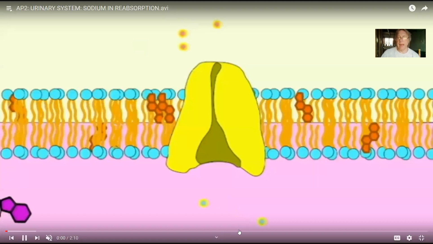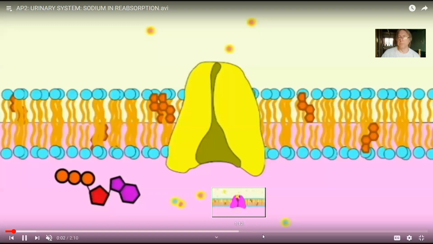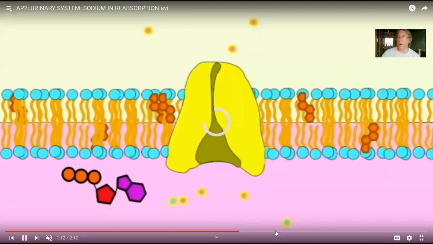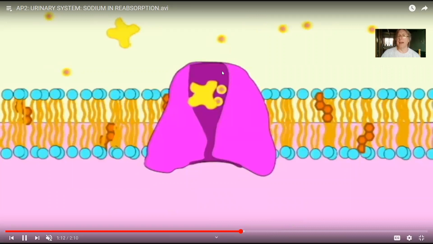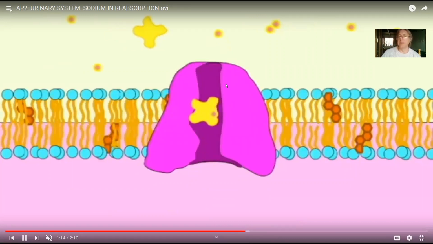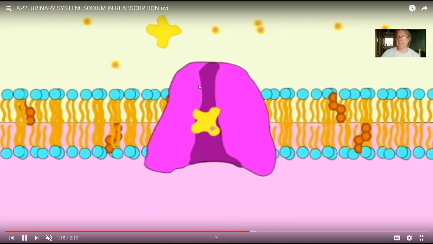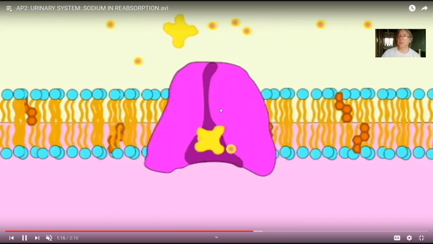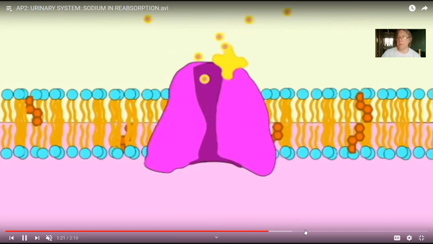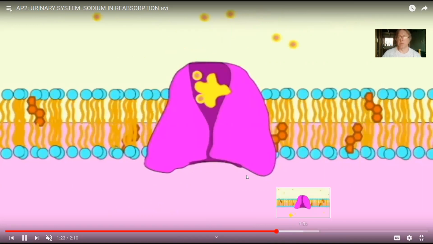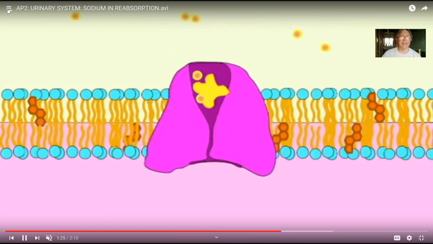Many of these other substances are moving through secondary active transport. So the pumping of sodium was the primary active transport, which directly used ATP. But now that there's a sodium gradient, we can have a door where we say, amino acid, you can come into the cell if sodium comes with you. That's secondary active transport. And because they're both moving in the same direction, that is known as Symport.